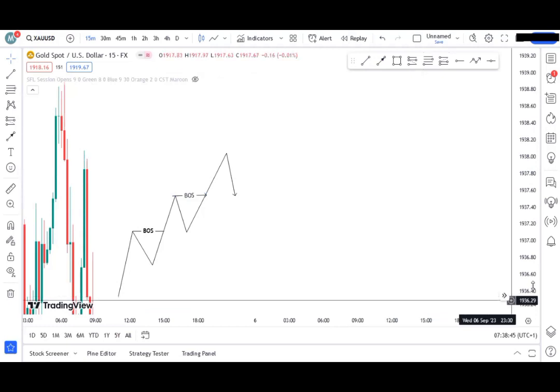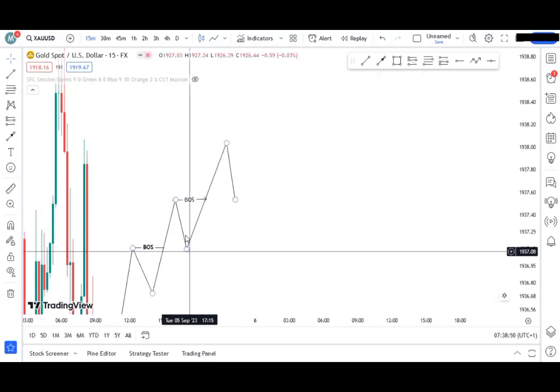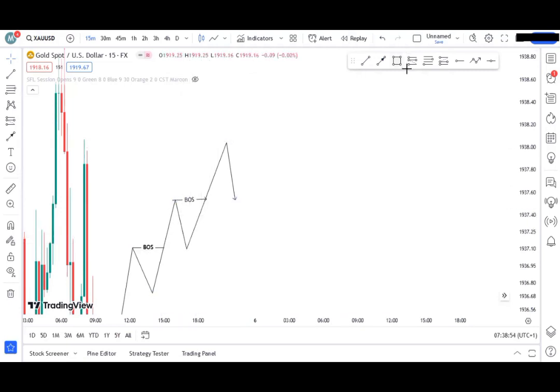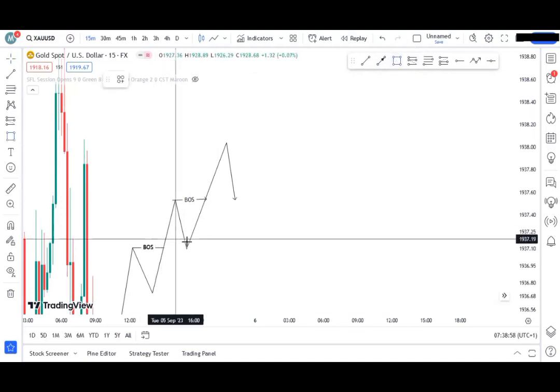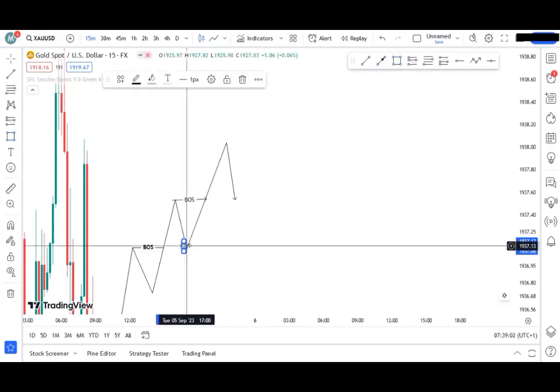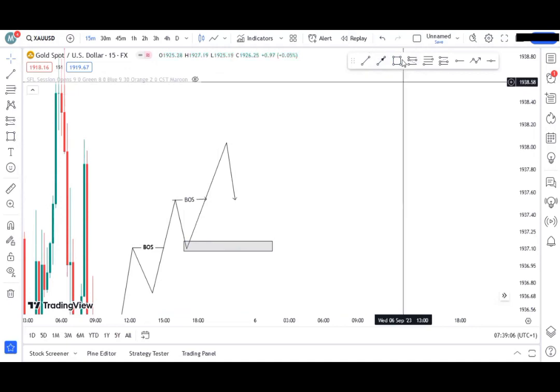Now, in this break of structure, there will be the order block somewhere here with a fair value gap here. Note, if you see an order block without a fair value gap, it might hold, but it will not be as effective as the one with fair value gap.